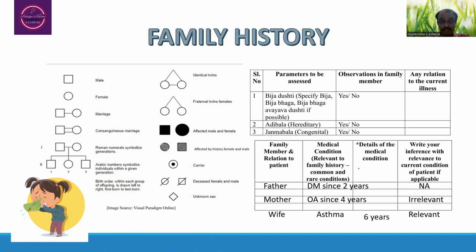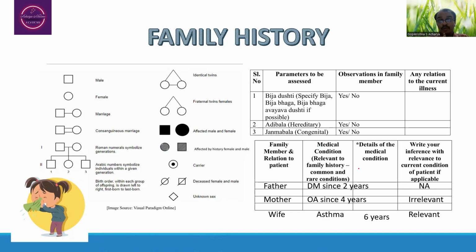In that situation, we think about whether such a presenting complaint is present in the whole family or only in the patient, and that has to be recorded. If it is present in at least 2 or 3 members of her family, we may suspect an allergic environment in that home.